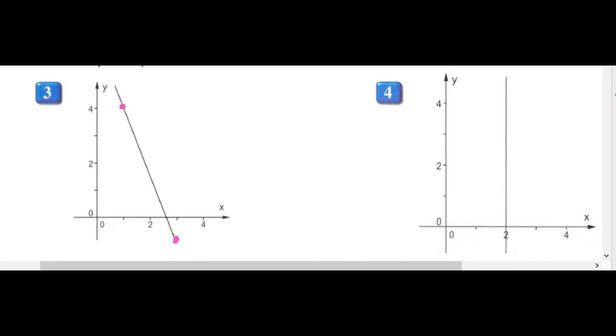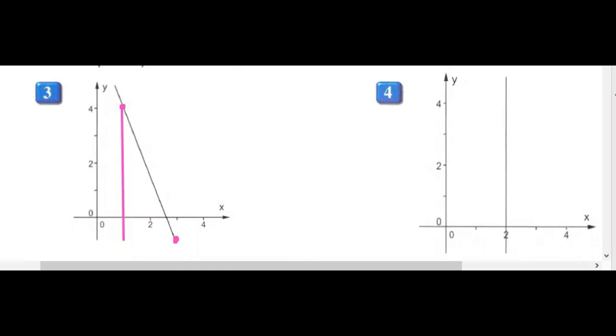Okay, now what is the slope, guys? Let's make a horizontal line. Look, this is 1 and 4. What is the change in vertical? The change in vertical is 1, 2, 3, 4, and 5. So it is 5 units.